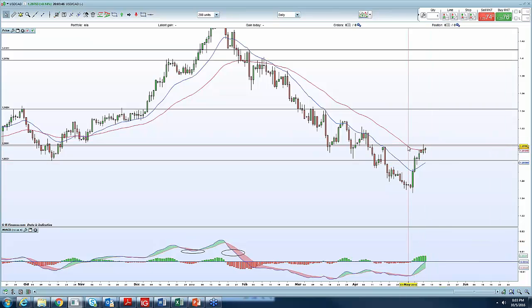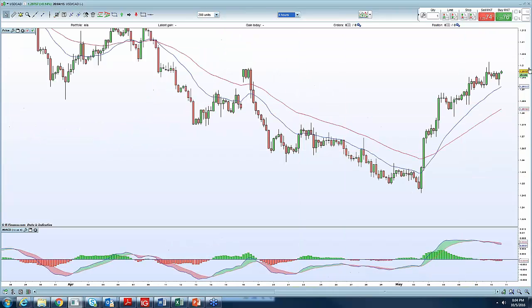But what I know is that 1.3 is a resistance level, so I expect a reaction here, maybe back to the previous support at around 1.28 or so. But I'm going to be a bit more cautious because the weekly is still in a downtrend and the daily has made a big spike up like that. If you see weakness near the 1.3 on the 4-hour or 1-hour chart, let's see whether there's any weakness there on the 1.3. Not yet.